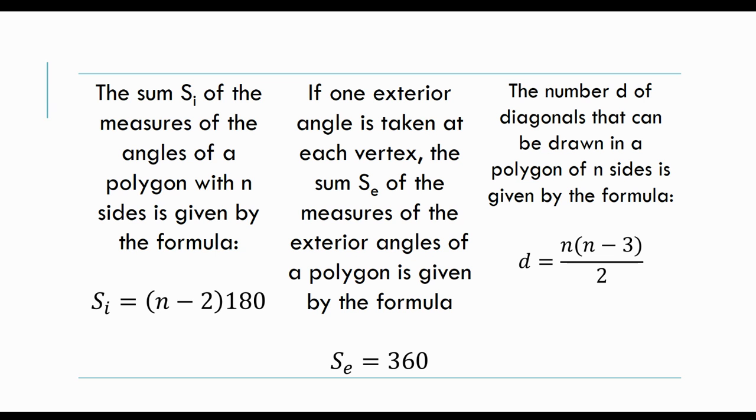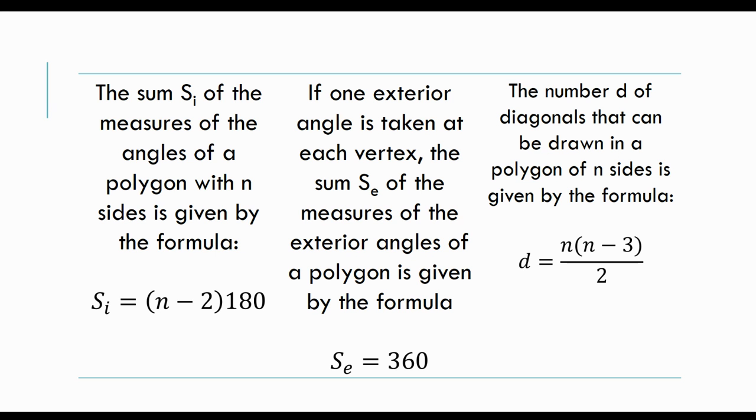In the middle, it says if one exterior angle is taken at each vertex, the sum, S sub E, so once again that E stands for exterior, so the sum of all the angles outside of the polygon is always going to be equal to 360 degrees. So it's not per se a formula, as more is just a number.